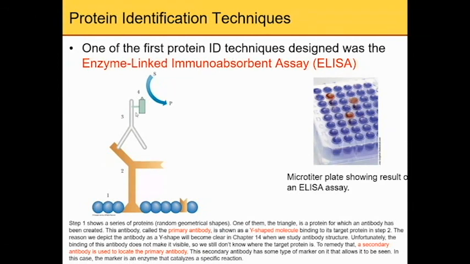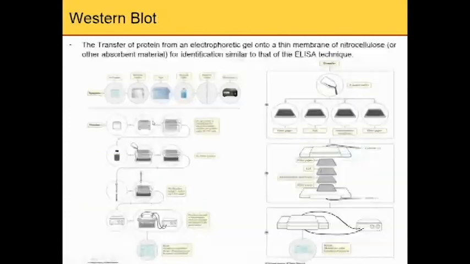And then you have the secondary antibody to recognize your primary antibody, but the secondary antibody carries some enzyme or some marker, and this marker will give you the signal after you add a substrate. If the enzyme catalyzes a specific reaction, then you'll be able to determine the presence of a specific protein. So that's another technique that you can use.